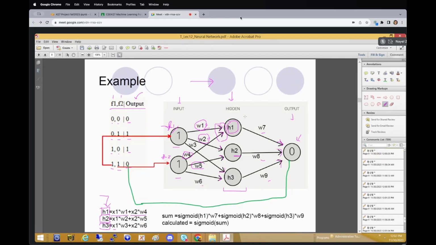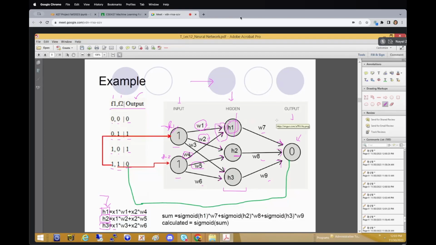So to make this value nonlinear, what we have to do is pass this value through an activation function. Activation functions are usually called nonlinear functions, and there are several activation functions we have, like the sigmoid activation, ReLU activation, tanh activation.